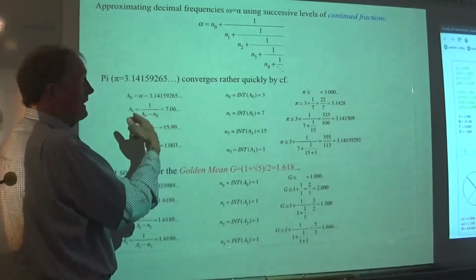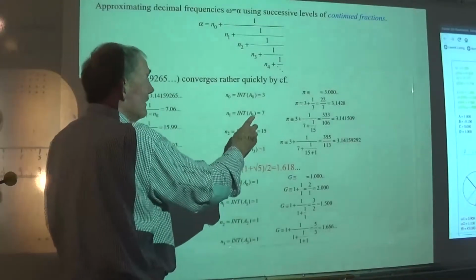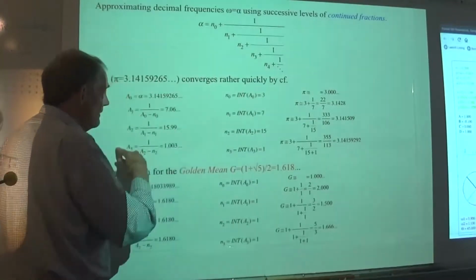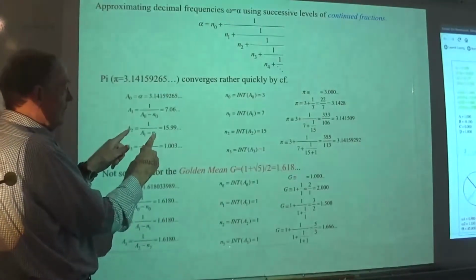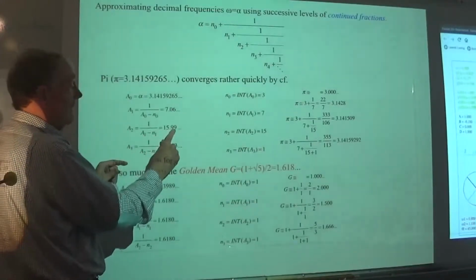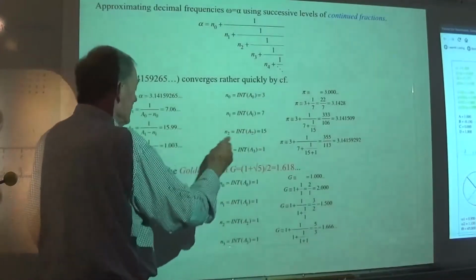And then I do it again. I take the integer of what I get from that A1, that's 7, okay? I put that 7 in here with the A1 in the denominator. I get 1599. I do this again and again.